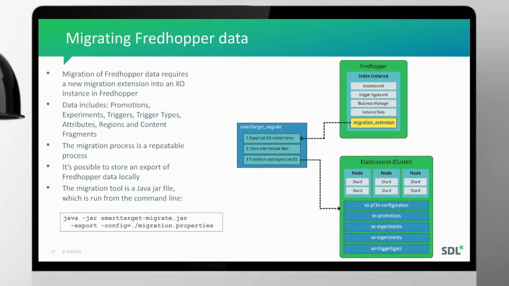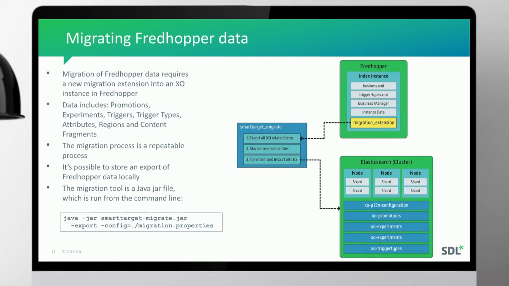About migrating Fredhopper data: as I said earlier, we wanted to make it real simple to extract all the data that XO needs from Fredhopper into Elasticsearch. For that, we built a migration tool which does it for you. The one thing here is that it requires you to install, or essentially copy-paste, one jar file into your Fredhopper instance index in order for us to extract data from Fredhopper in an easy way.